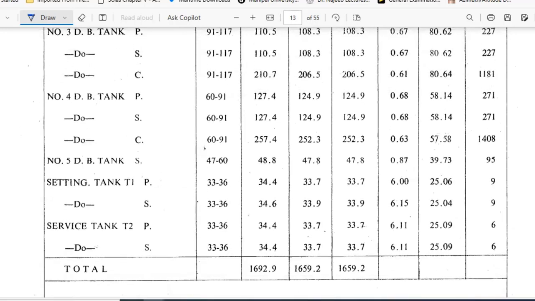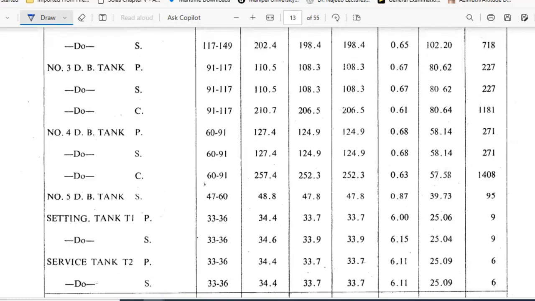What is the capacity? Number 4 DB tank, port and starboard, 100% full is 127.4 for one tank. And for center is 257.4 cubic meter.